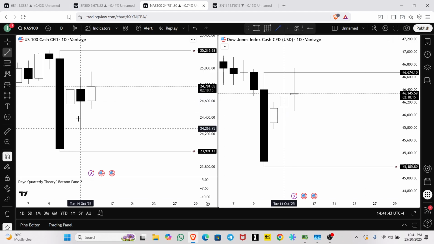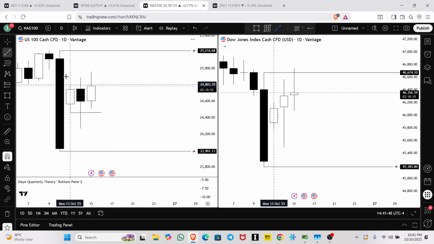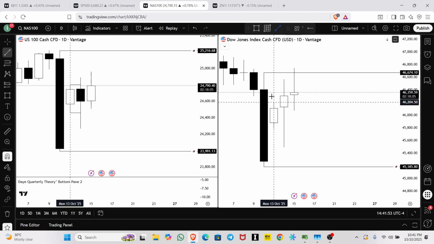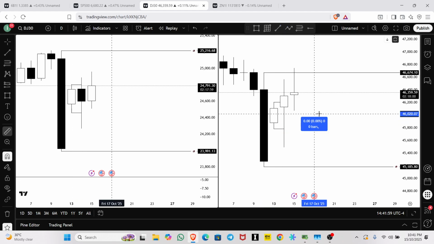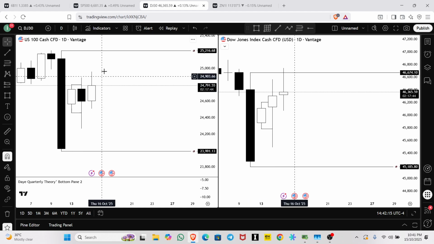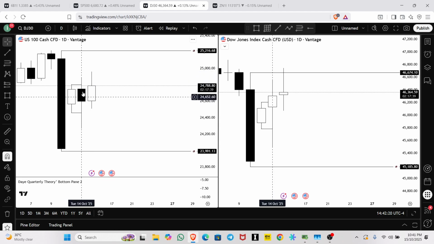And if you would see, we took the low and we took the high in both the assets, which is understandable, no problem, because anyways it was not a tradable day. But the only thing which we saw was Dow closed above the Monday's candle while Nasdaq closed inside again, right? So this is giving us an indication that there is a reversal coming up sooner or later.